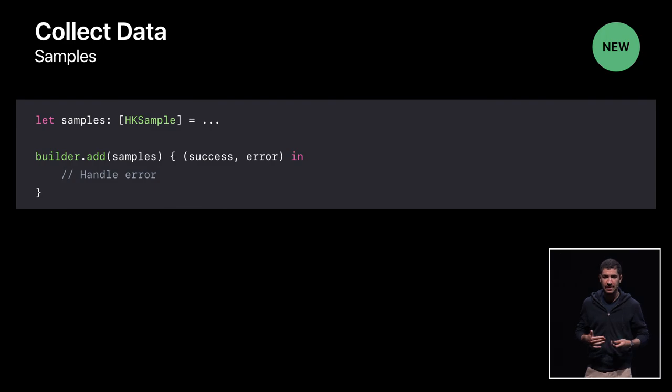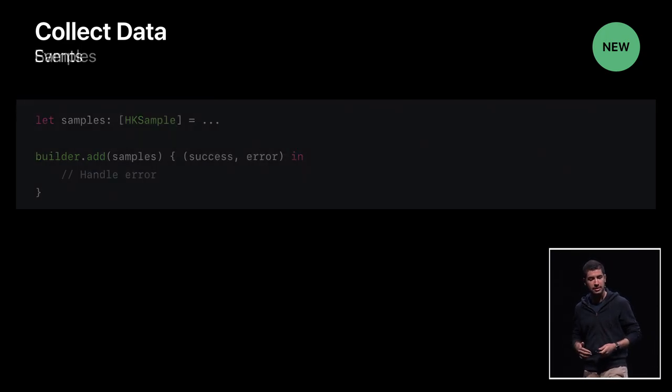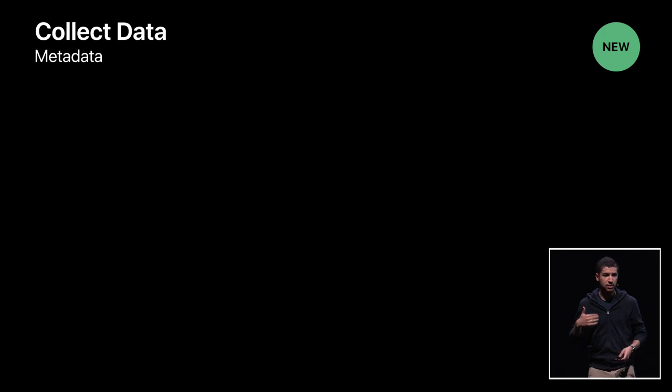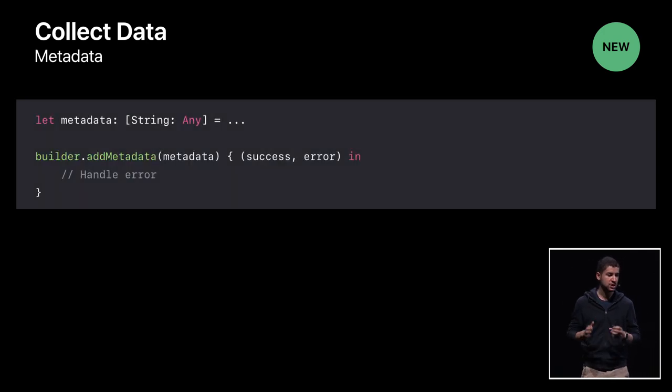If we have events that we want to add to the workout, it's very similar. We just call builder.add workout events. For metadata, you guessed it. With the dictionary of metadata, we just call builder.add metadata and pass the dictionary.